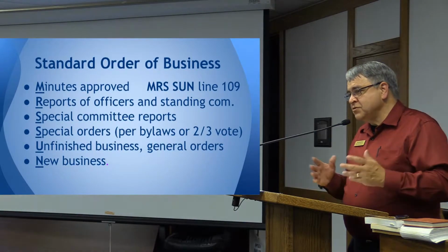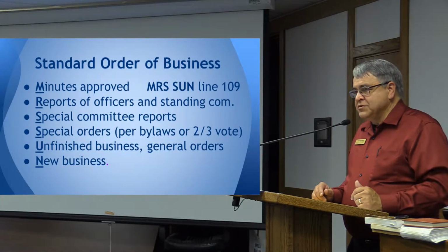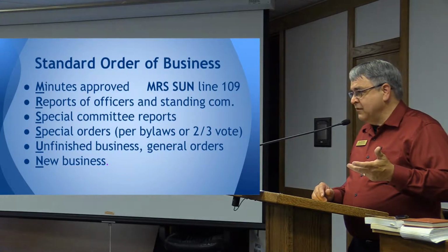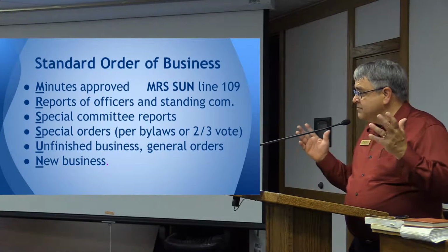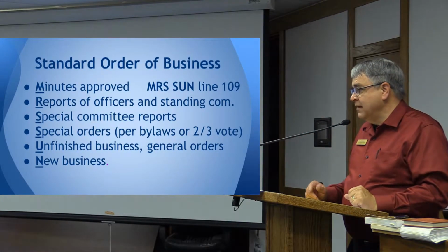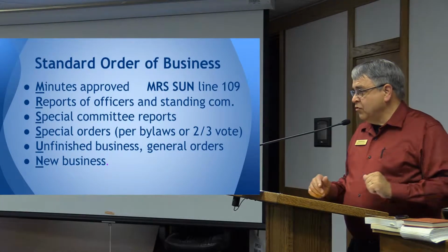Now, most general orders are a result of postponing something from another meeting, the previous meeting. So at one meeting, something comes up, and someone moves to postpone this to the next meeting. Well, in the next meeting, it'll come up under general orders.